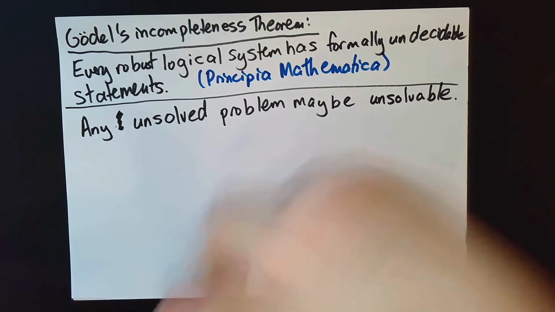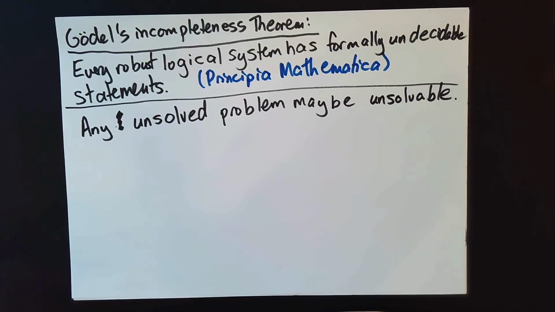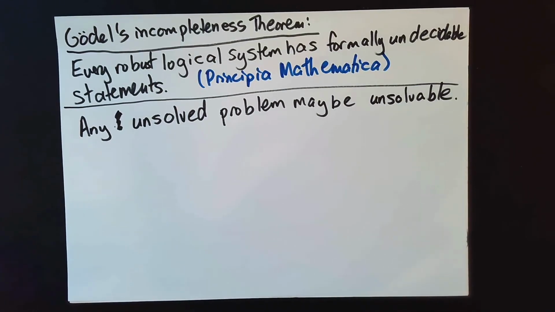Now, this leads to all kinds of interesting questions that are pretty natural, like how common are statements that are really undecidable? Are many of the problems that we're currently trying to solve today undecidable? And these questions, in some sense, aren't really possible to answer.